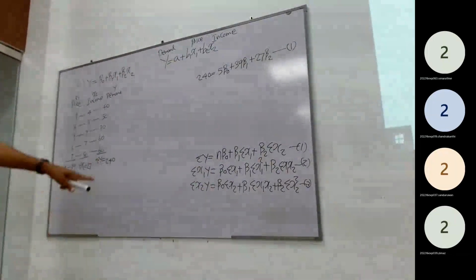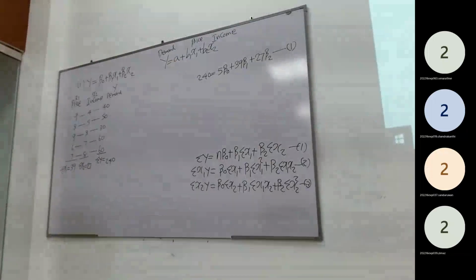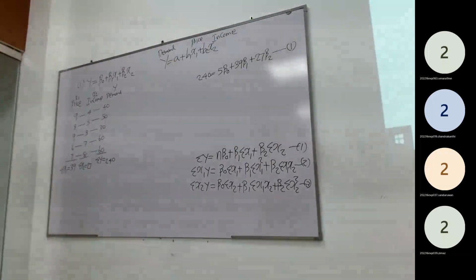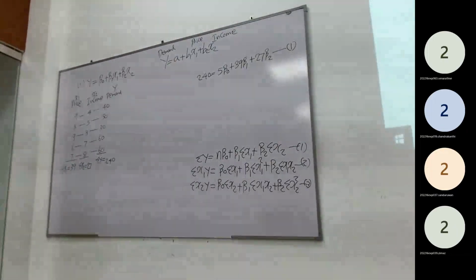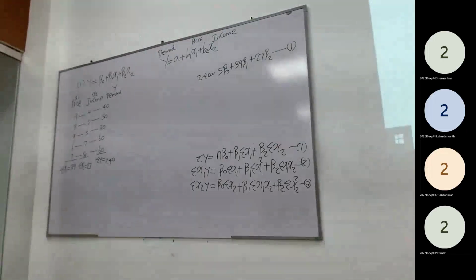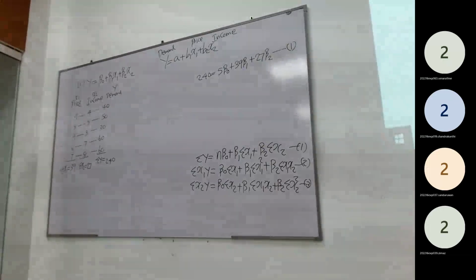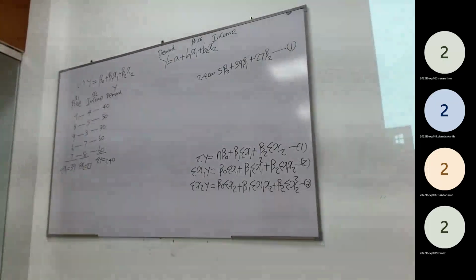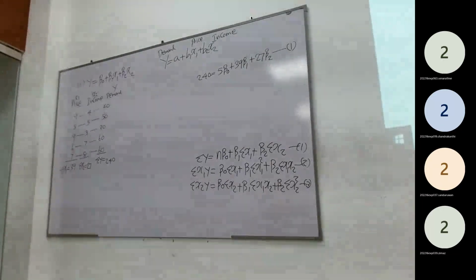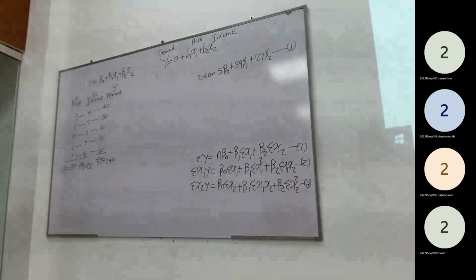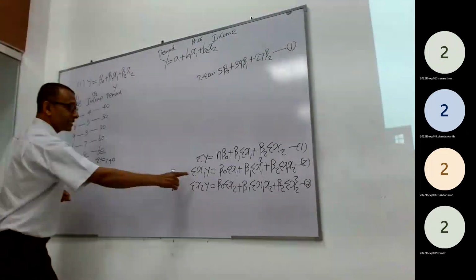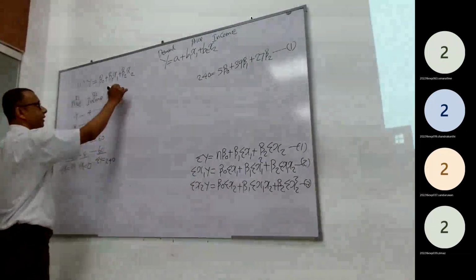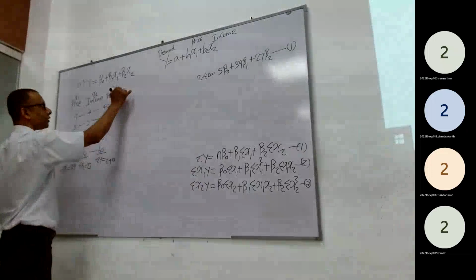Right, do all these calculations like that. Break is required before the simultaneous equations. Right, sigma x1 y, x1 multiplied by y.